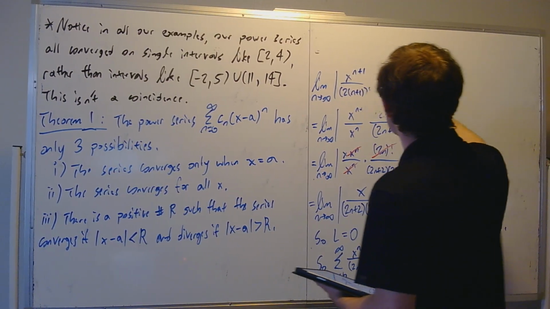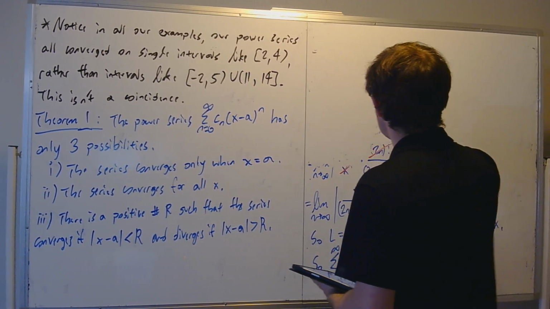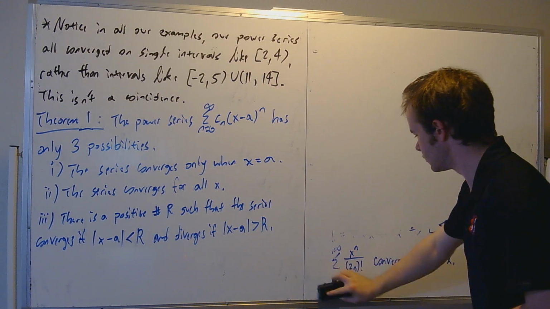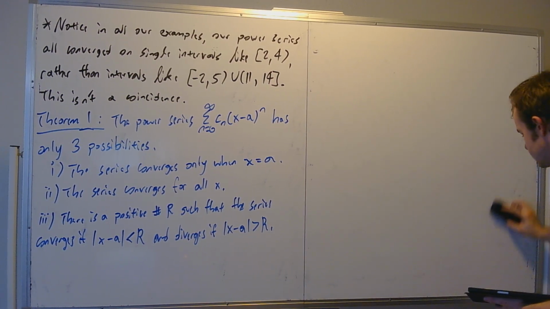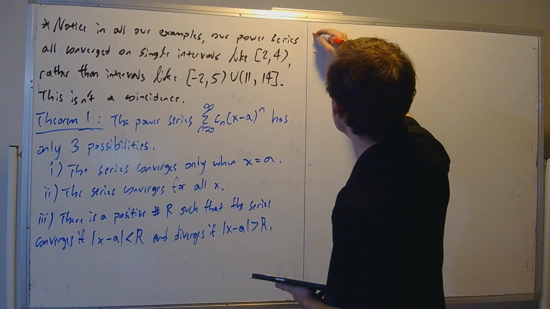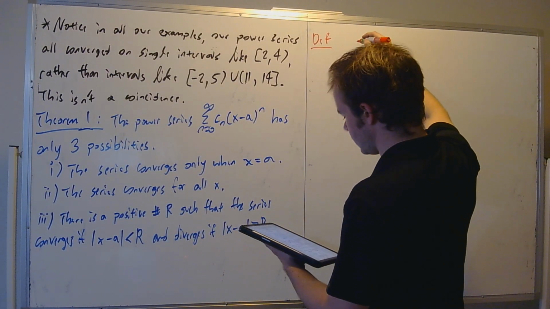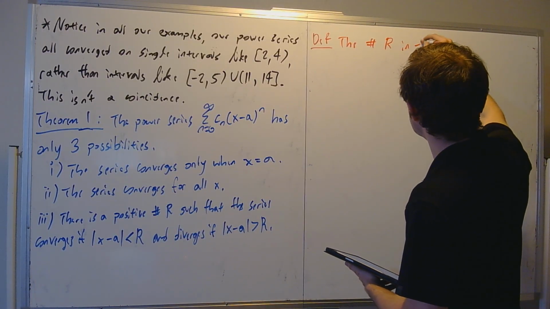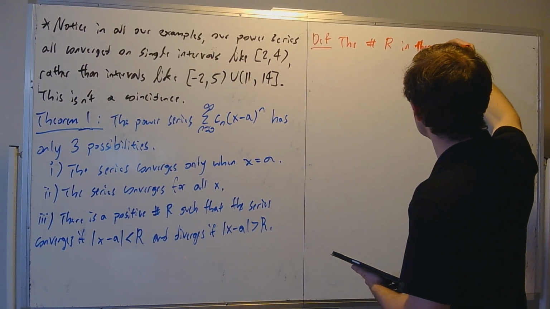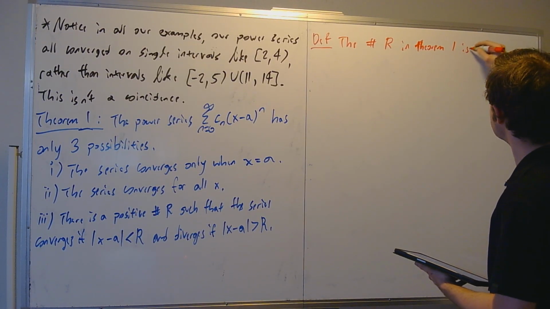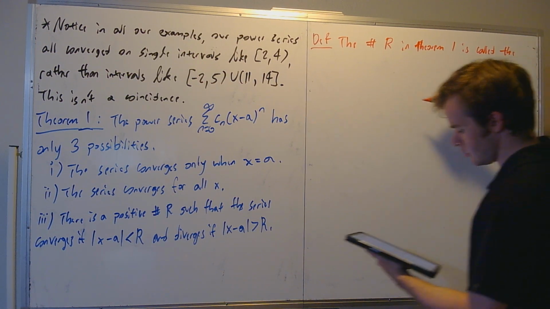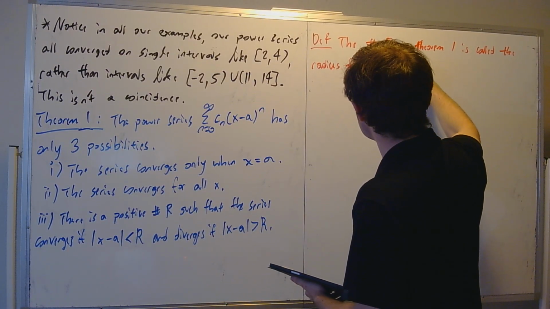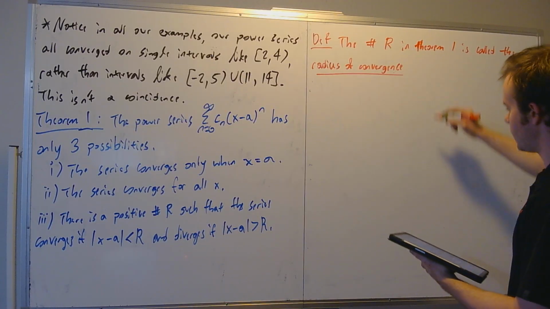I'll say here in a definition, the number r in theorem 1 is called the radius of convergence of the power series.